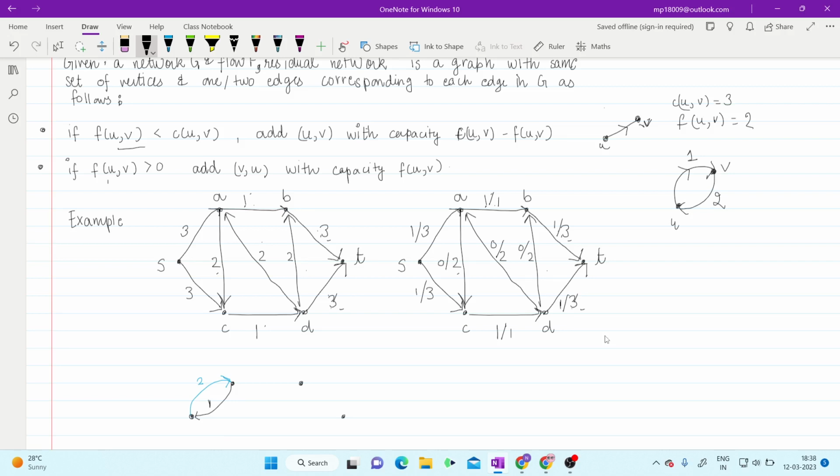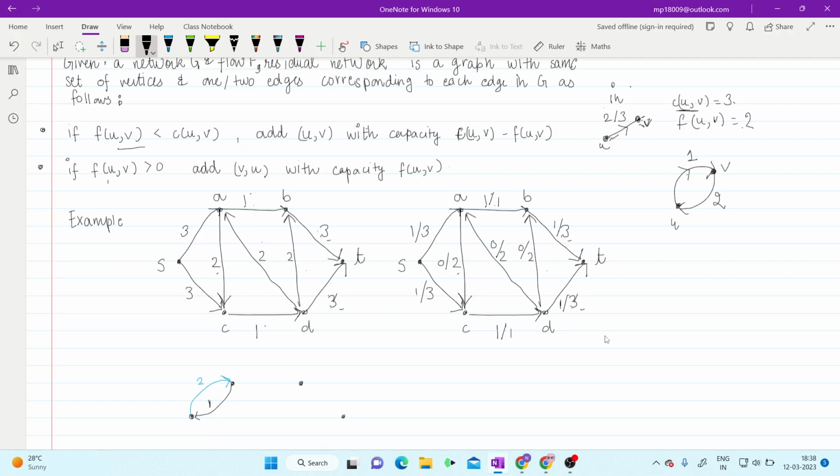So if in your network UV is a directed edge with capacity 3 and flow 2, then corresponding to UV in the residual network you draw an edge in the UV direction whose new capacity will be the difference, 3 minus 2.